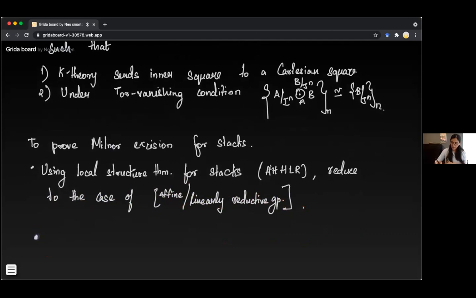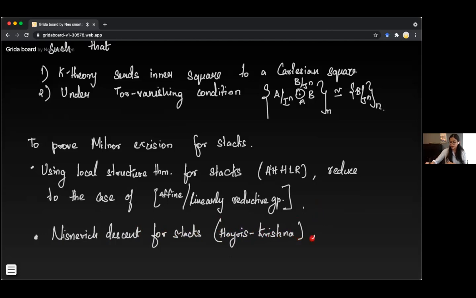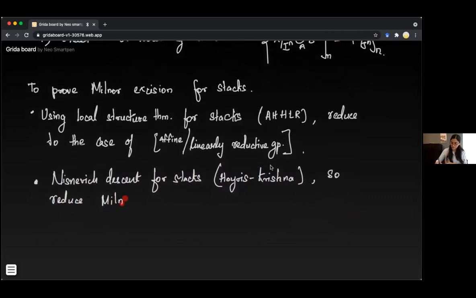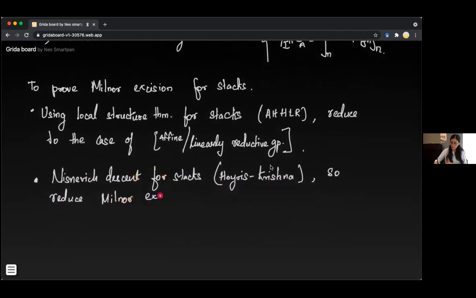And because we also have Nisnevich descent for stacks, due to Hoyois and Krishna, this tells you that you can reduce to basically looking at squares of this form. So we reduce Milnor excision for stacks to this quotient stack case.